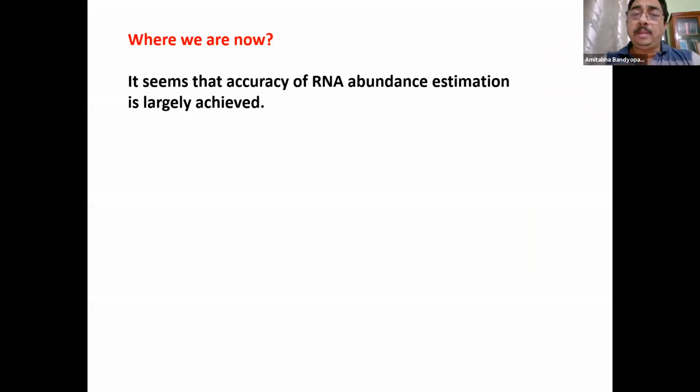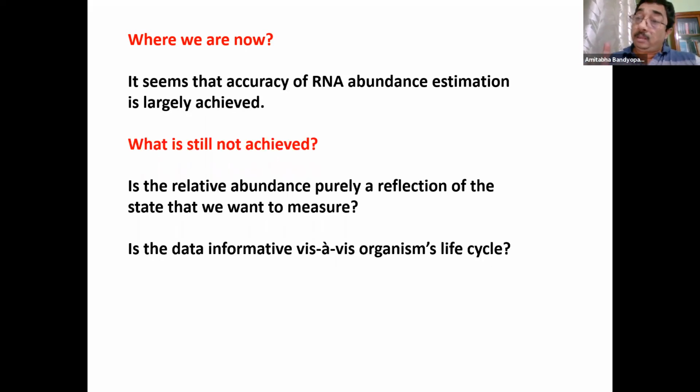Where we are now is that we can quite accurately determine the abundance of an RNA. There is northern, there is quantitative RT-PCR, there is microarray, there is RNA-seq. There are many ways by which we can accurately determine the abundance of RNA in a cell. But what is still not achieved is the understanding of why a particular RNA is abundant in one cell type versus another.